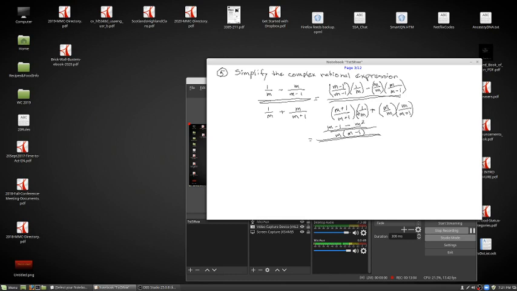Our new denominator is going to be m plus 1 plus m squared, all over m times m plus 1.